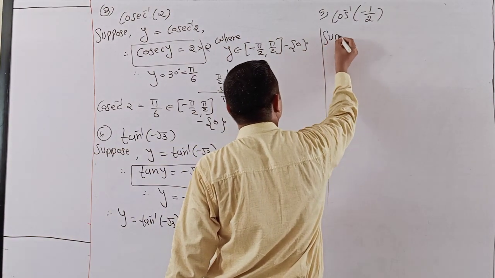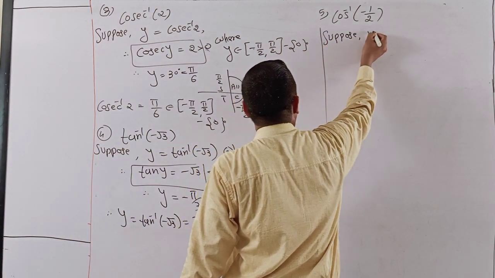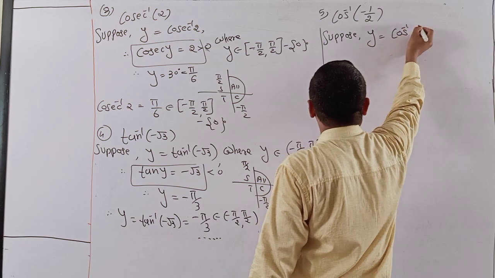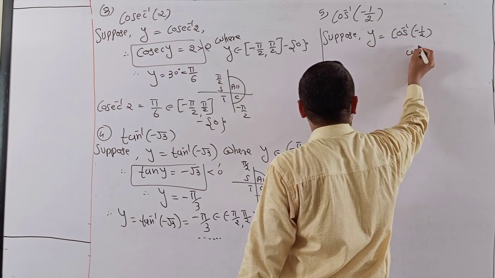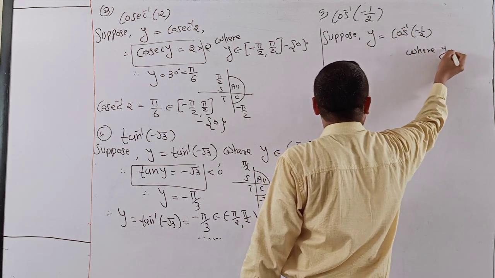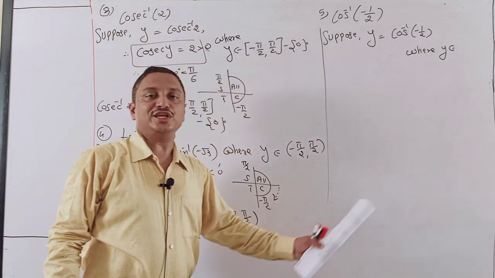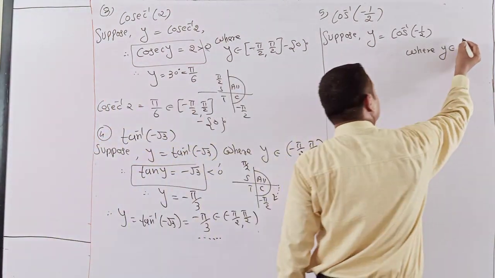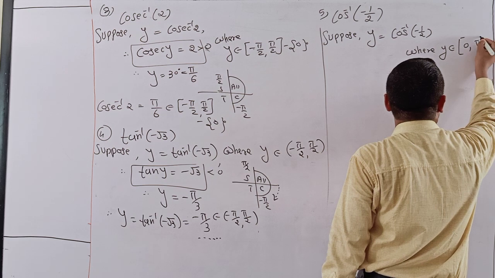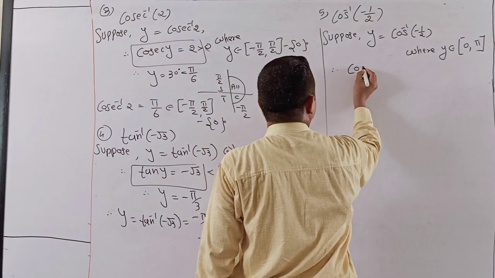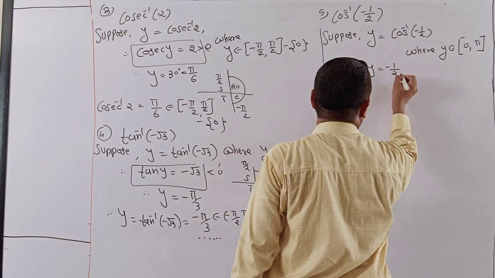Suppose y is equal to your question, where y belongs to the range of cos inverse, the closed bracket 0 to pi. So cos y is equal to minus half.